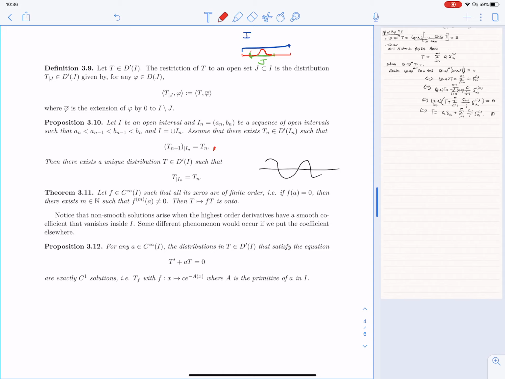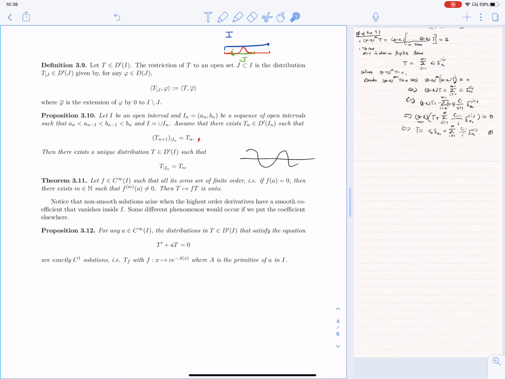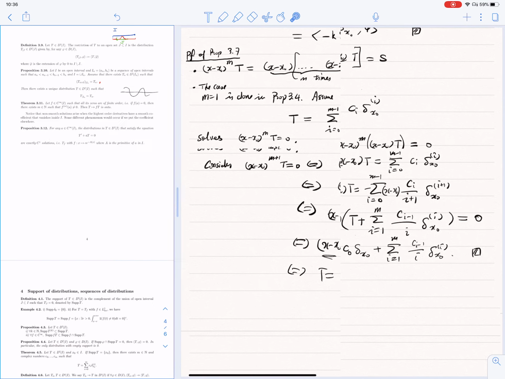Then eventually we have a solution to the problem for the whole set, and this is how we're going to make use of this proposition. So let's see how we can prove this fact.